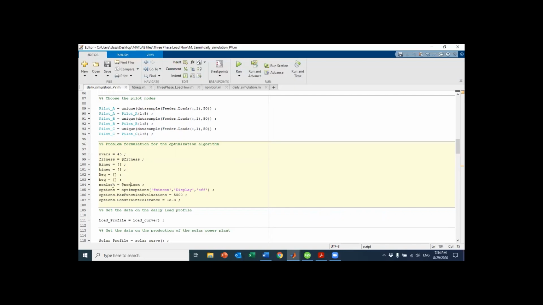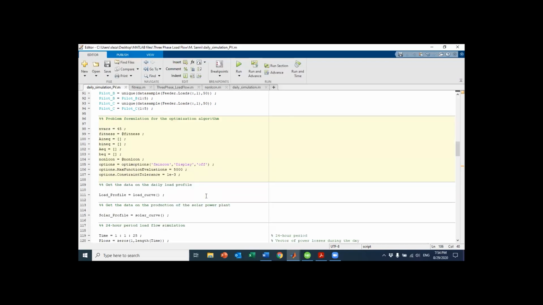And nonlcon is nonlinear constraints, which concern the voltages in the system, and the voltages in the system should be in the area of 0.95 to 1.05. These are just the values required for the optimization function.